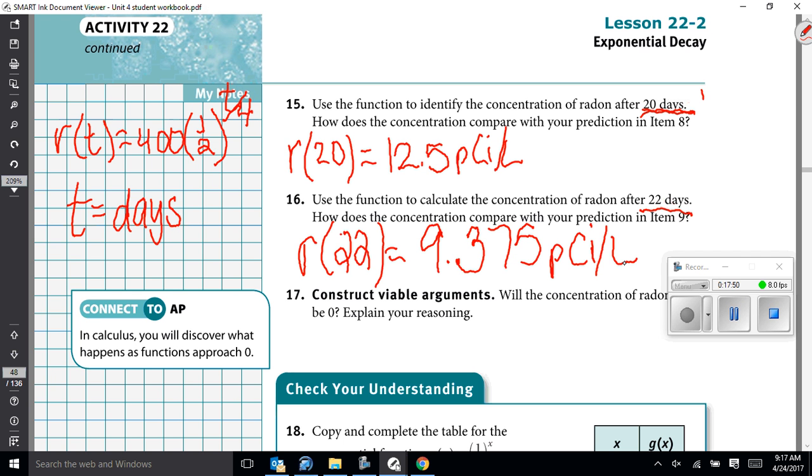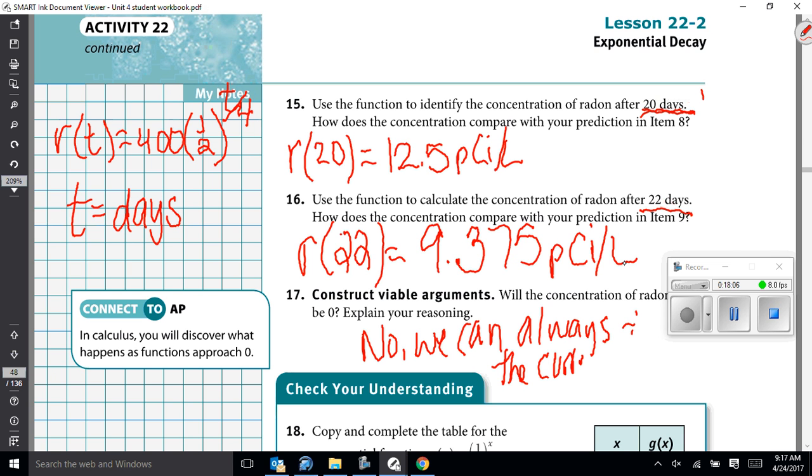Alright, so now will the concentration of radon ever be 0? No. It will get close to 0, but can we take a number?